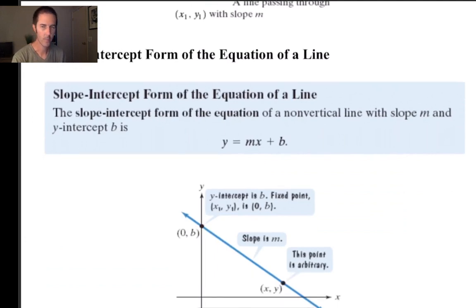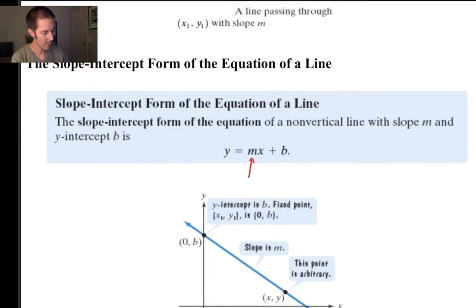There's another form of the equation of a line that you are also maybe very familiar with. It's called slope-intercept form, and it is y equals mx plus b. Slope-intercept form is just a little bit vague. The slope is definitely represented by this m value, which you can calculate by doing rise over run between 2 points.